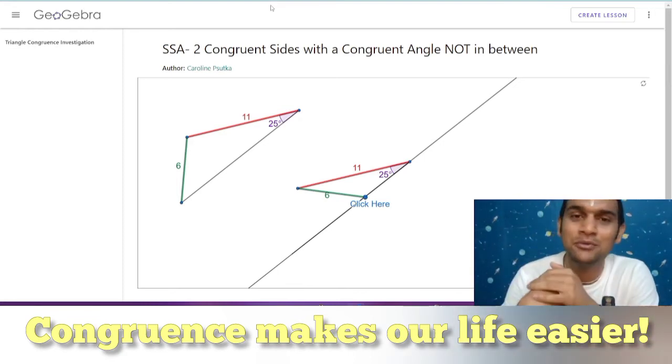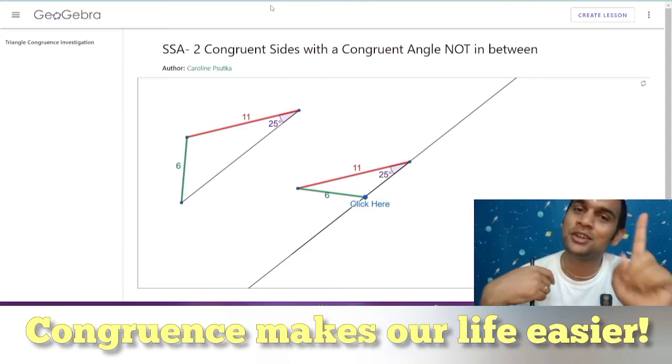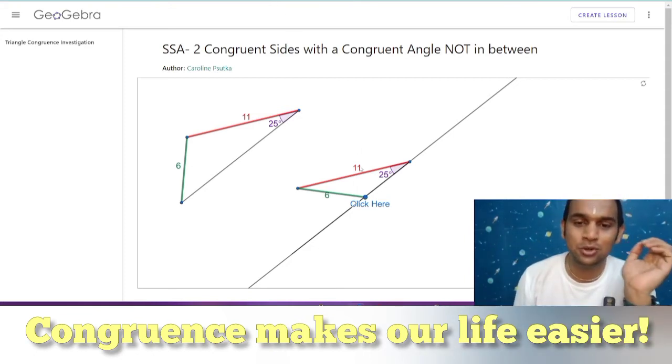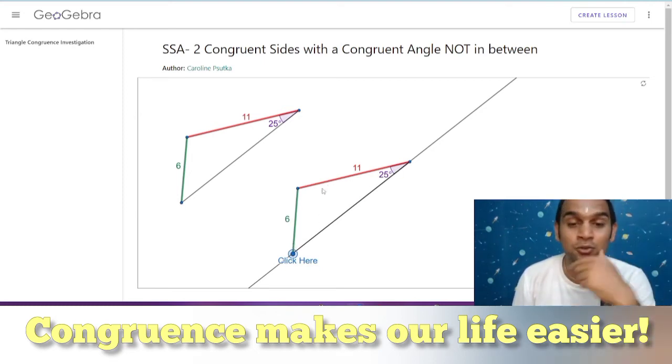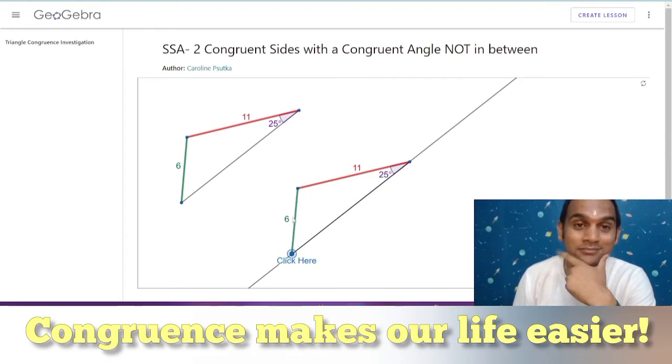But if we have to prove that something is not true, we just need one counter example. We showed one counter example over here. With the same measurements, if the angle is not included between those two equal sides, I have the possibility of two different triangles. Now two triangles cannot be congruent to the same triangle, right? So over here we have the counter example.